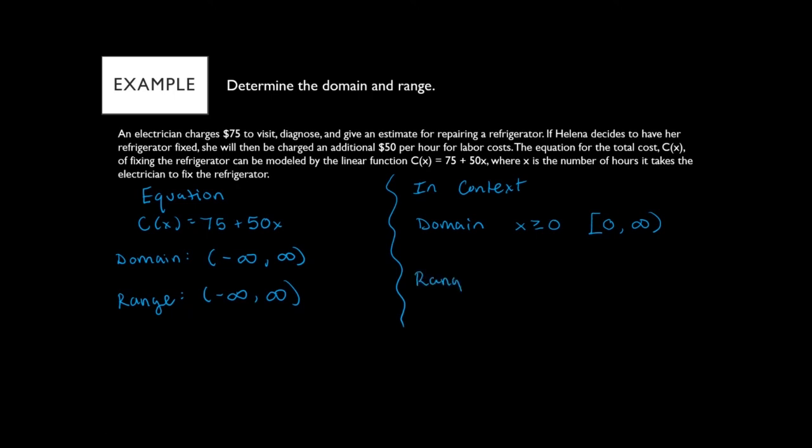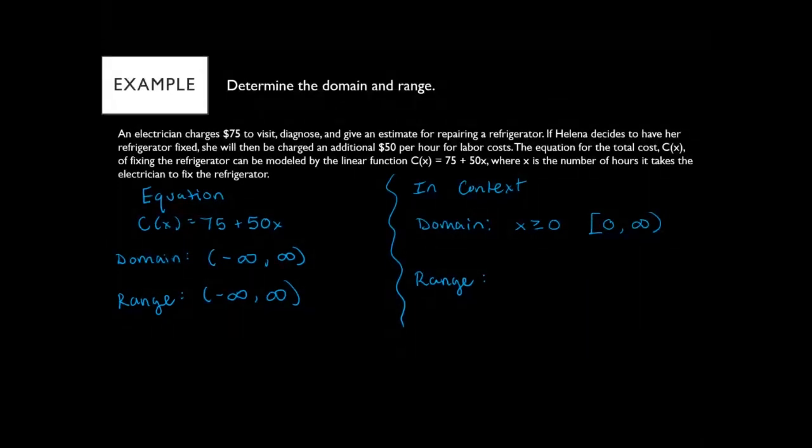So the range. When you're doing the range like this, again, we're not going to have an infinite amount of cost, so you have to look at your endpoints. If it takes 0 hours to fix the refrigerator, what is the minimum cost? It's $75, because that's a flat rate.